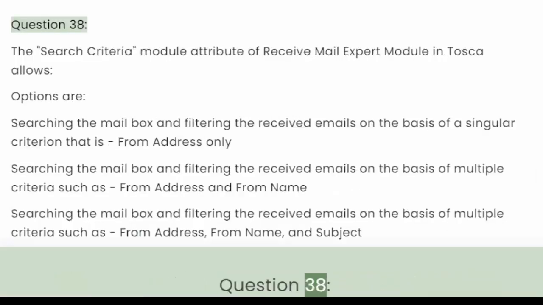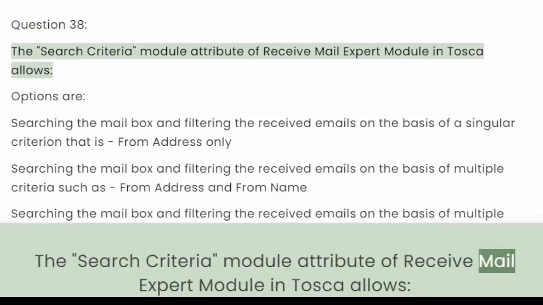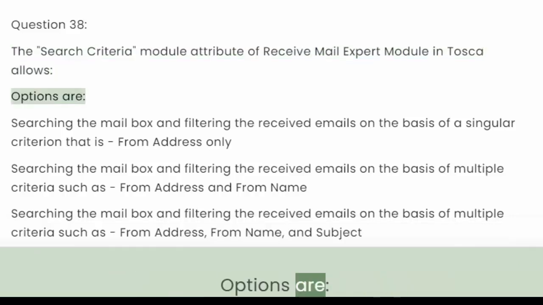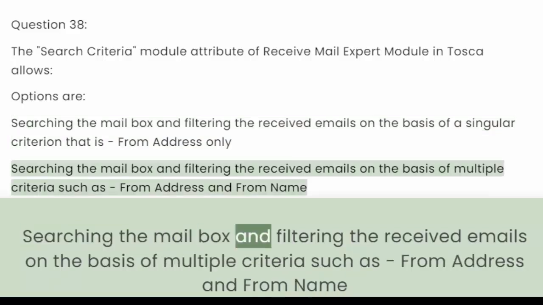Question 38. The search criteria module attribute of receive mail expert module in Tosca allows. Options are: searching the mailbox and filtering the received emails on the basis of a singular criterion, that is, from address only. Searching the mailbox and filtering the received emails on the basis of multiple criteria such as, from address and from name.